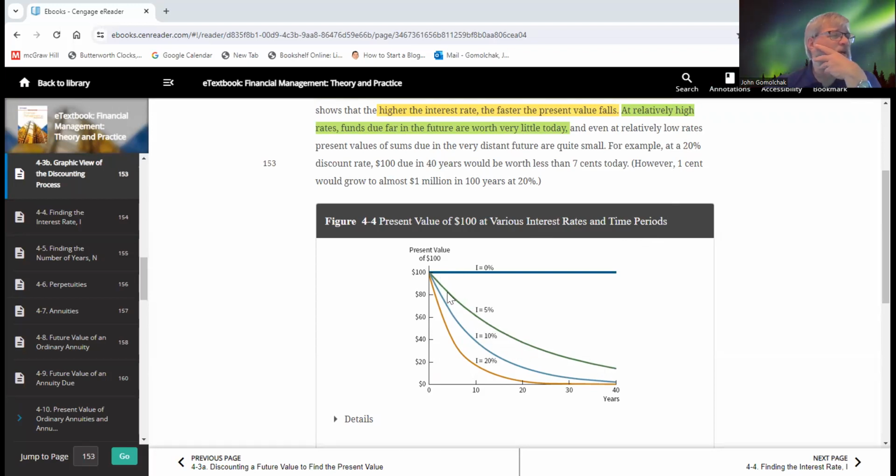Okay, so if we were 3 years out, anyhow, you see that it's a downward slope because we're discounting to come back into current time. The lower the rate, the higher the value. The higher the rate, the lower the value. You see this at 20%, it drops down basically to nothing around year 25. Once again, that's not zero, it's approaching zero, but it's not going to be zero.